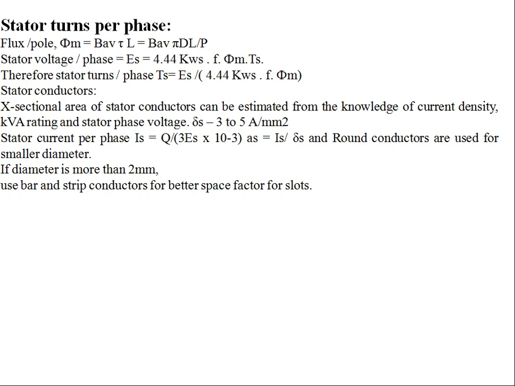Therefore, stator turns per phase TS will be equal to ES divided by 4.44 kWs f into phi m. This is the stator turns per phase.